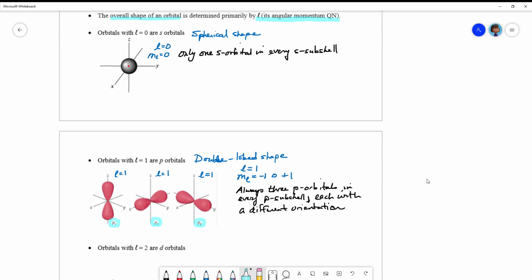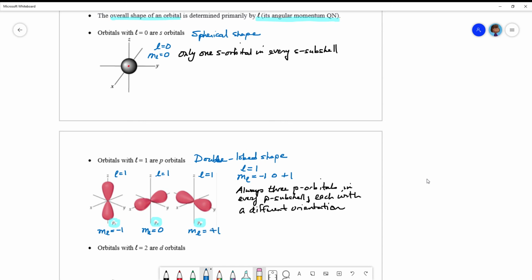The directionality, x, y, and z, that's indicated by the m sub L value. And so we might say that this orbital here has an m sub L value of -1, while this orbital here has an m sub L value of 0, and this orbital has an m sub L value of +1.